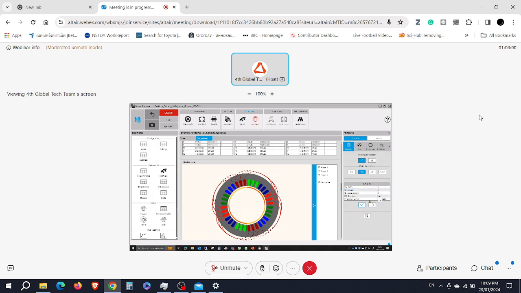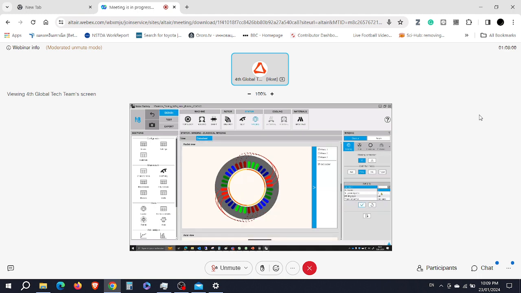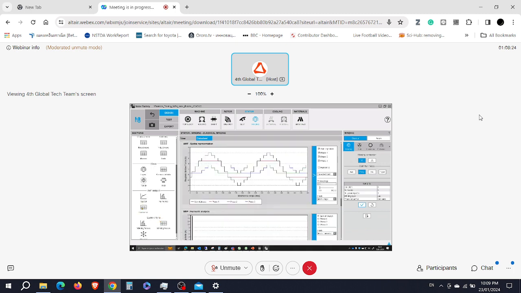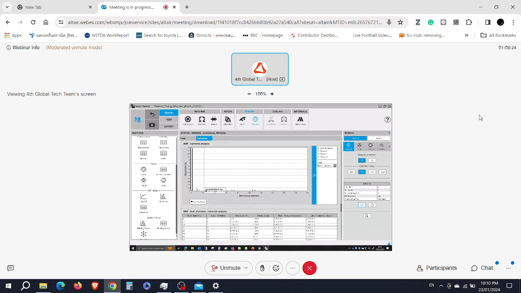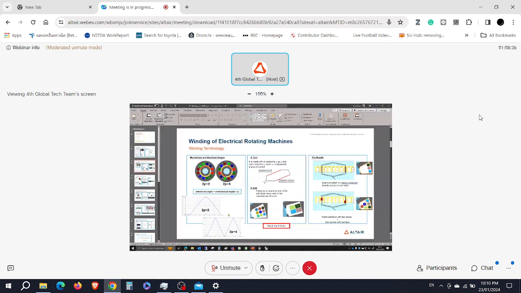But if I come back to 1, I will not have a lot of configuration possibilities. Most of the time we play on these parameters, and we look at the MMF and always see the harmonics and the fundamental of this MMF. We will see later what MMF actually is.